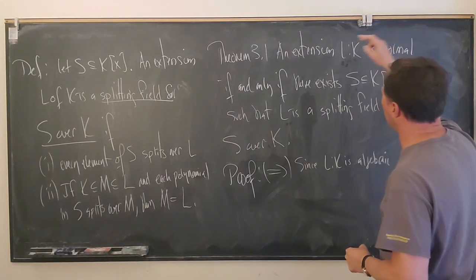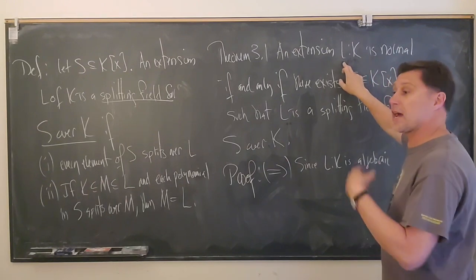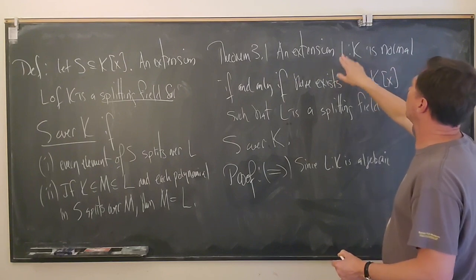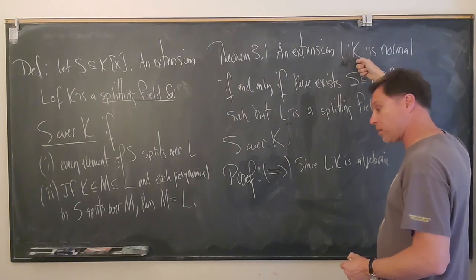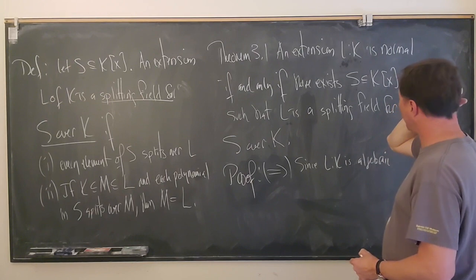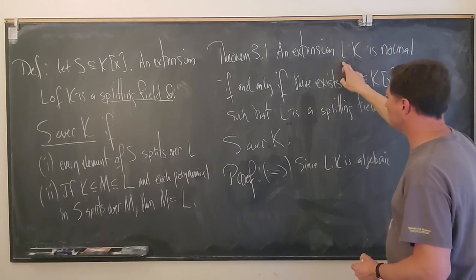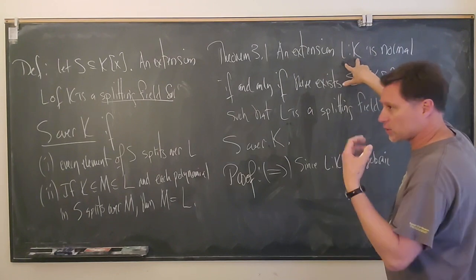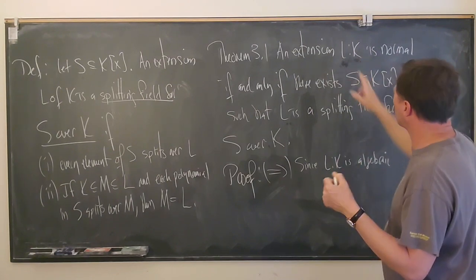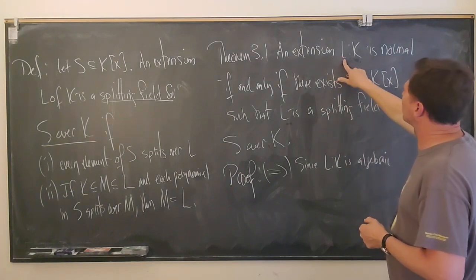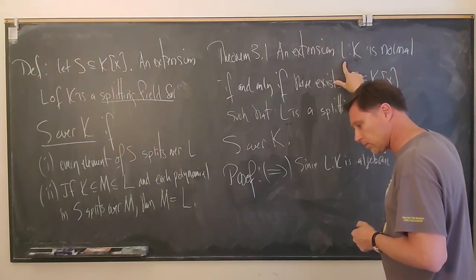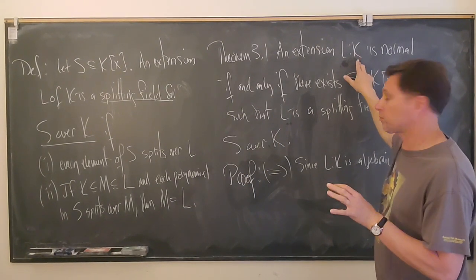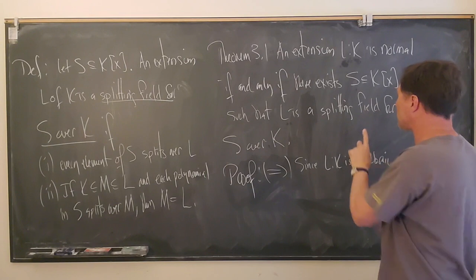It means that every element of L is algebraic over K. So for every element, there's a polynomial that has that element as a root. And so every element in L has a minimal polynomial living in K[x]. And so that's the set S that we're going to concoct.